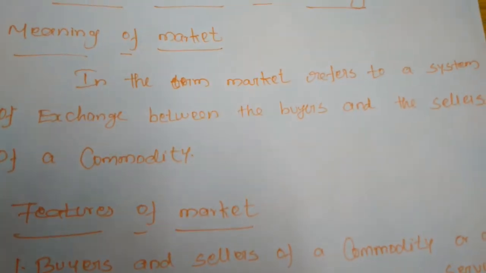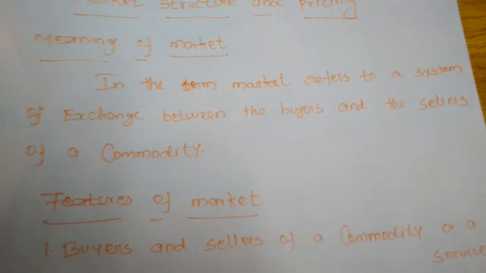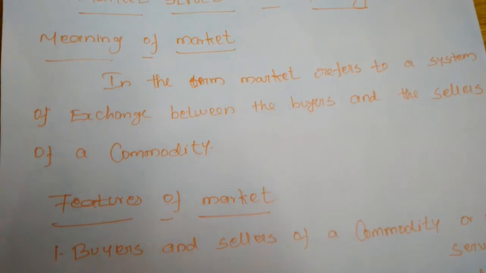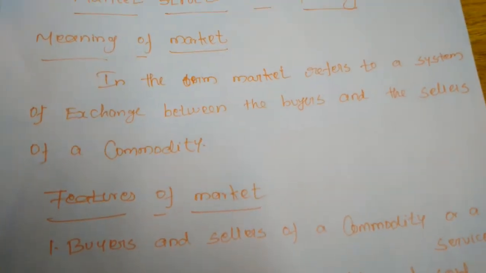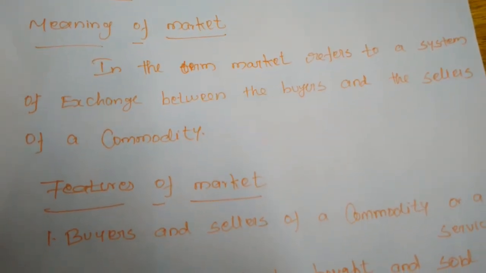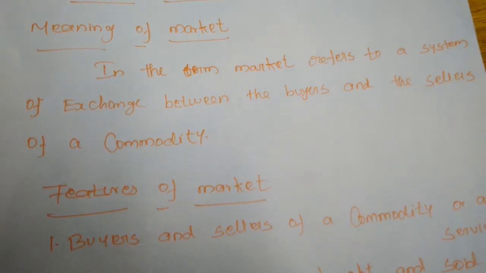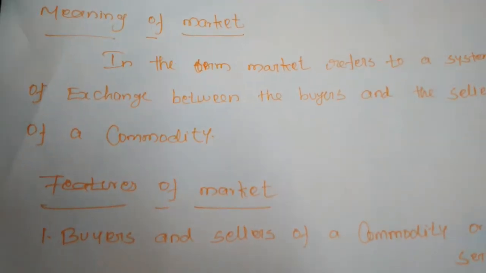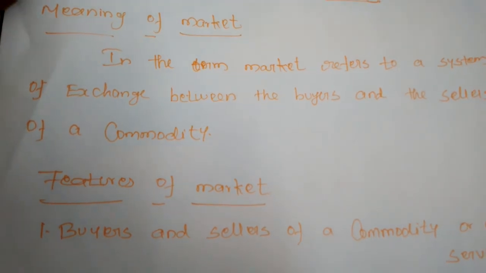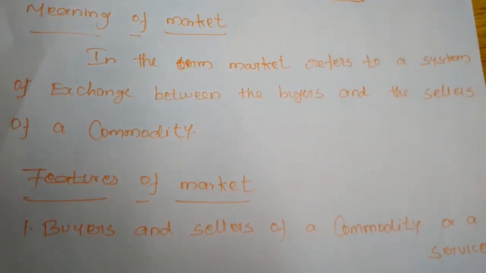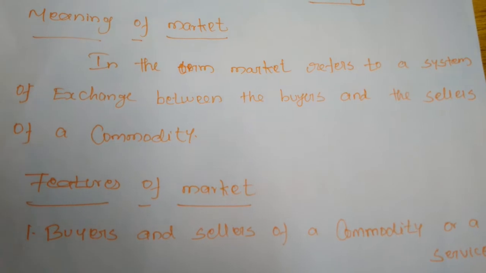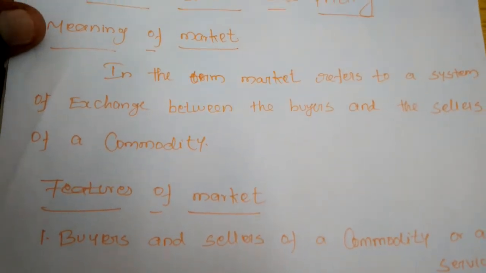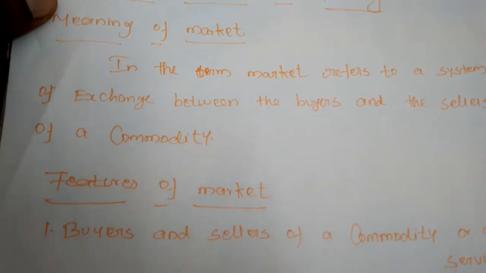But in economics, the term market refers to a system of exchange between the buyers and sellers of commodities. So without mentioning any physical place, if an exchange function is going on between the buyers and the sellers, it is considered a market.